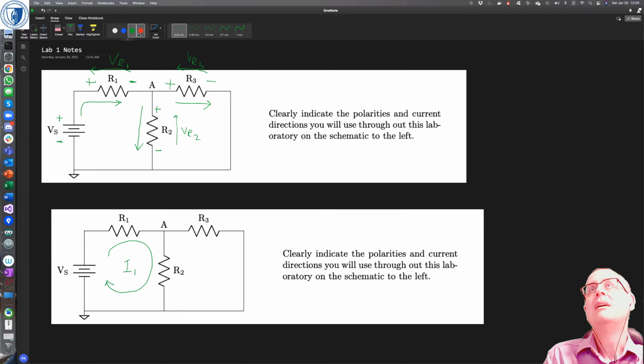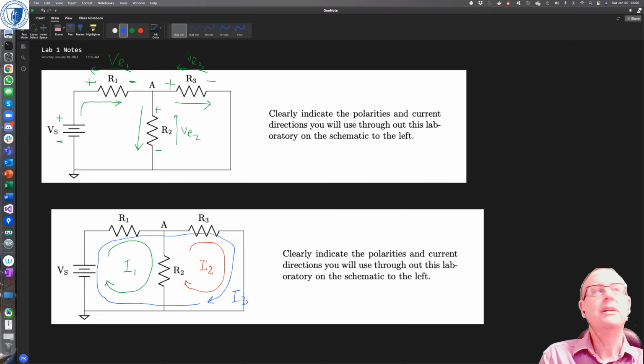And then we're going to also have another current in the other loop or mesh called I2. And then if we're just talking about loops, we could talk about that loop current called I3.